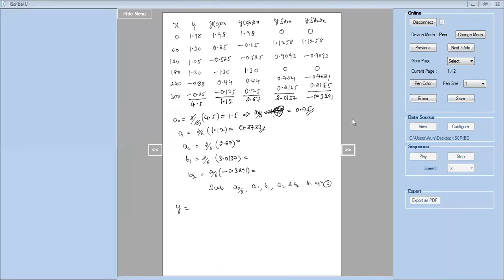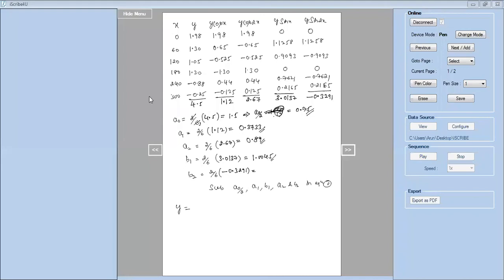A1 is 0.3733. Next, A2. 0.89. 0.89, yes, sir. B1. 1.0045. 1.0045, correct. B2.